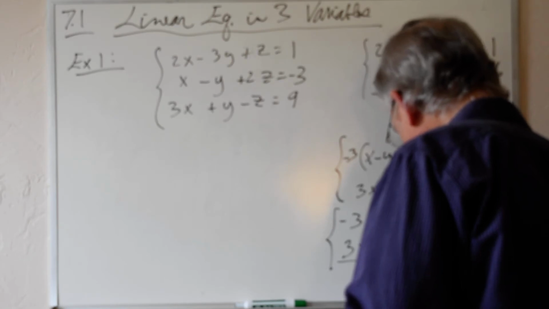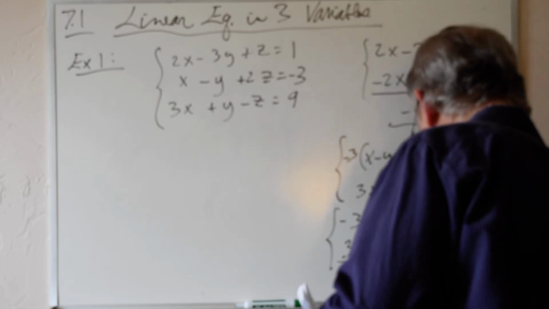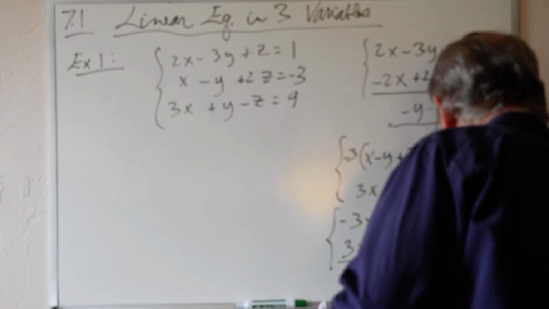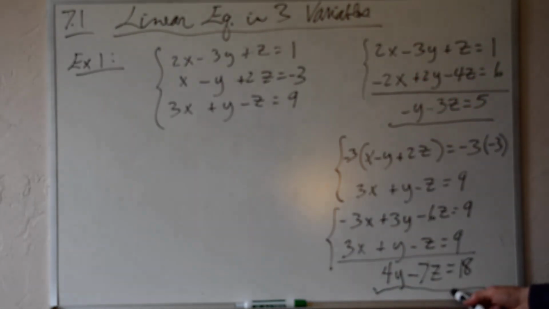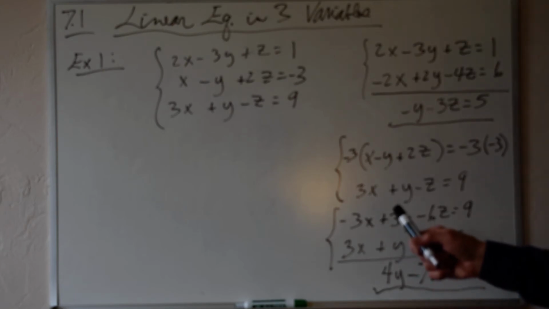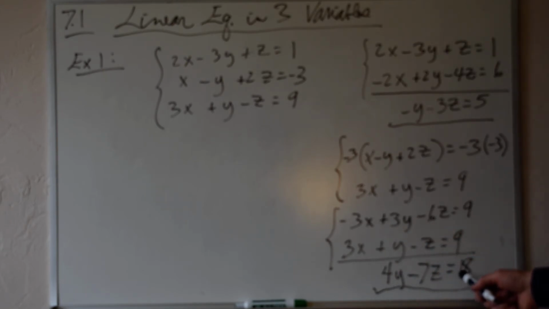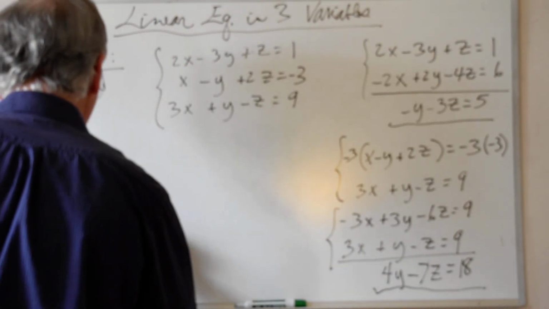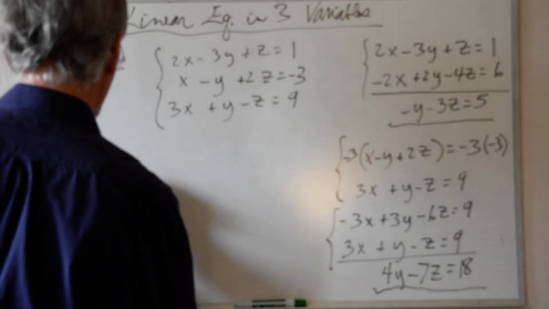Oops, that's not equal, that's a minus 7z equals 18. So I have another true equation there, which involves the variables y and z. I'm in business. Now we do exactly what we did 3 weeks ago solving these systems.